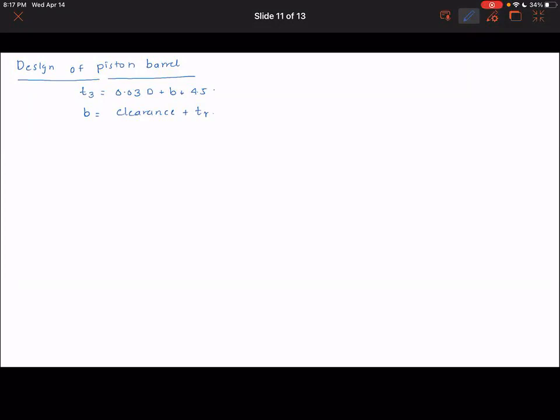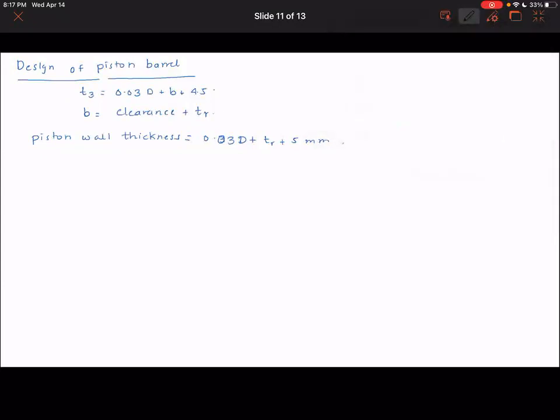And then you have piston wall thickness, and that is again an empirical relationship, 0.03 times D plus TR plus about 5 millimeter.